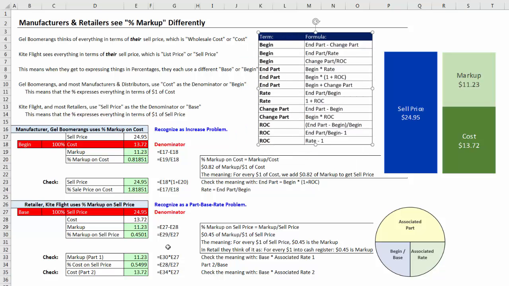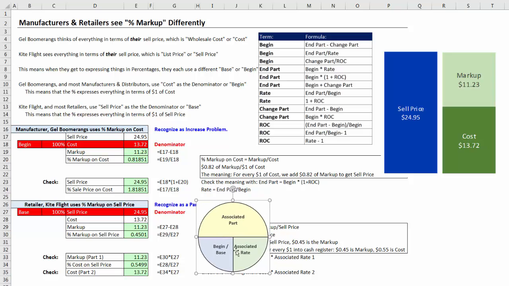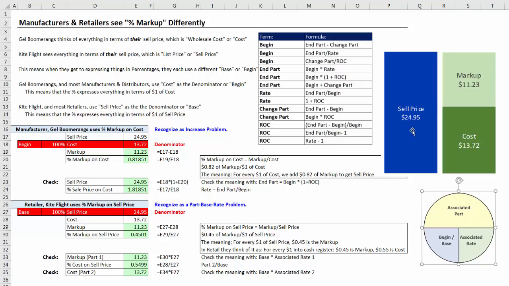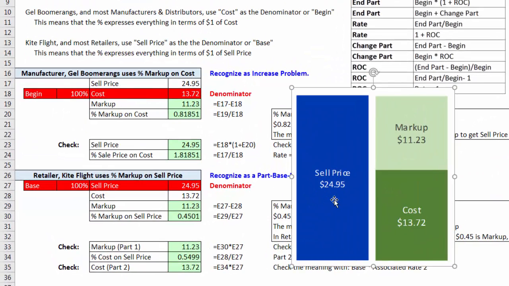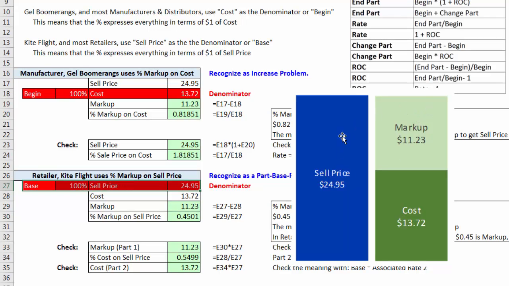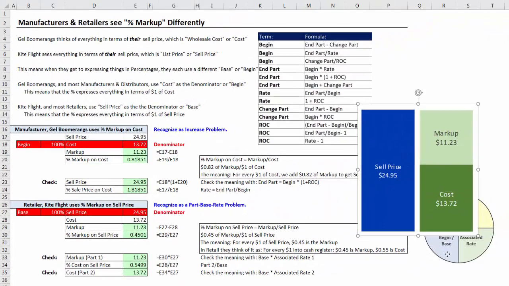In video number 20, we saw what was called the percentage formula or the part base rate formulas. And we used a diagram like this to be able to figure out what formulas to use. But we want to recognize from this beautiful diagram right here, this is the base. There's the picture right here. So we have two individual parts that make up a whole. So when we see that relationship, we know we can use the part base rate formulas or this chart right here.